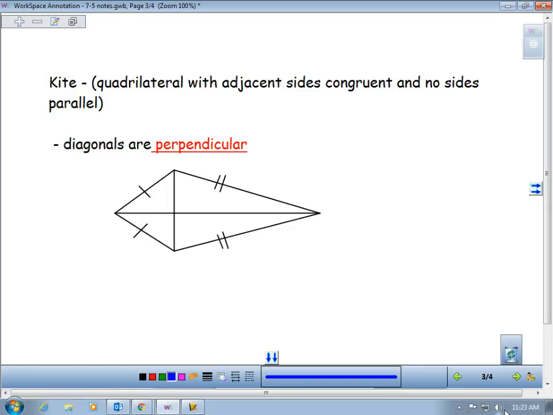And a kite really just has one very simple property, which is the fact that the diagonals are perpendicular. Which makes you think it's a lot like a rhombus. It's actually closer to a rhombus than you think, but that's really the only similarity, that the diagonals are perpendicular. That's it. Well, I know you look at that and you're going to say, wow, Mr. McMorrow, that's going to be really easy.